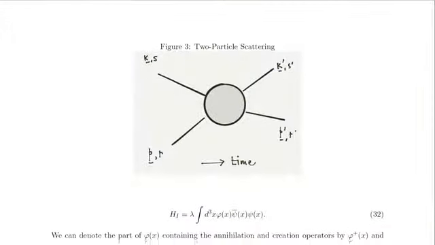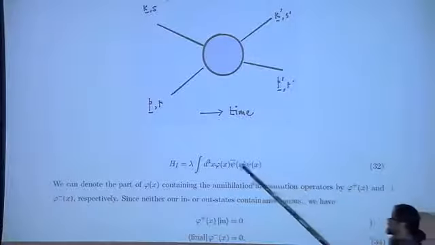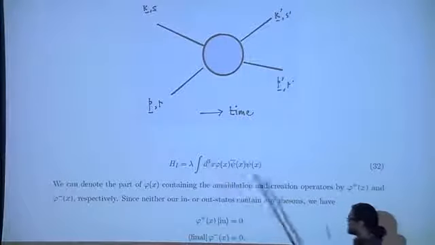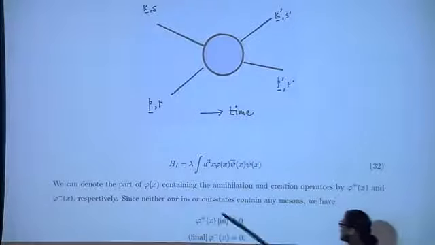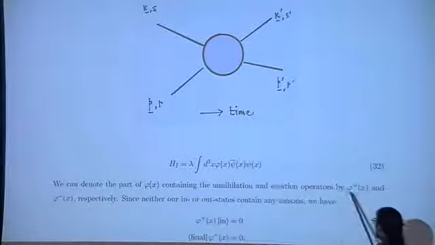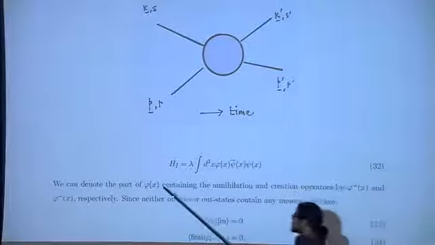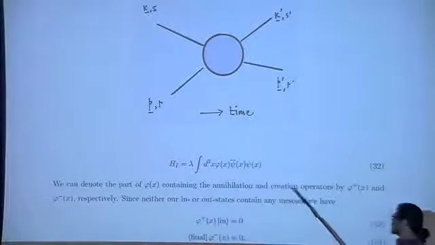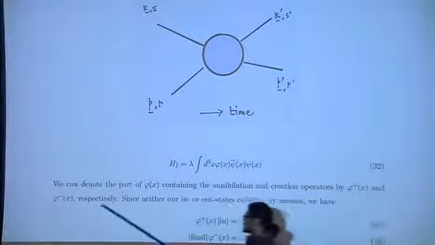And our interaction Hamiltonian is this guy. It has a psi bar, psi, phi on it, and there's a lambda. So let's denote the part of phi which contains the annihilation operator by phi plus. This is not phi dagger. And the part of phi which contains the creation operator, phi minus.